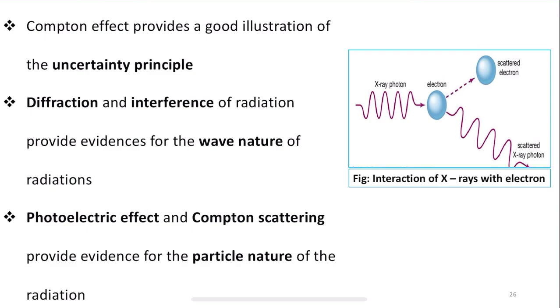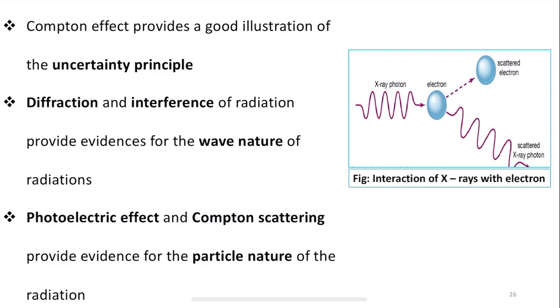The two concepts, diffraction and interference of radiation, are very important with respect to physical chemistry. Studying the Compton effect has provided evidence for the wave nature of radiations, while the photoelectric effect and Compton scattering both provide evidence for the particle nature of the radiation.